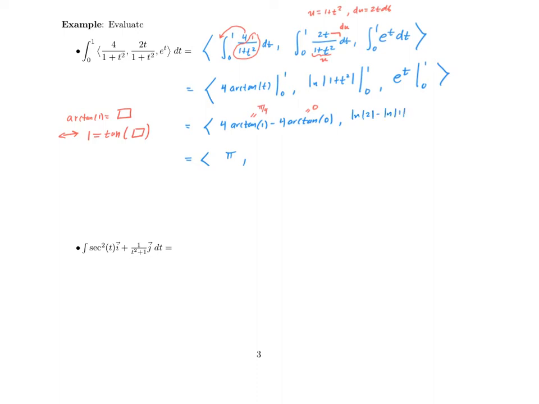Natural log of 1 is a common value. It's equal to 0. So we are left with just an ln of 2. And in the third component, we have e to the 1 minus e to the 0. Or e to the 1 would just be e minus e to the 0, which is simply just 1.